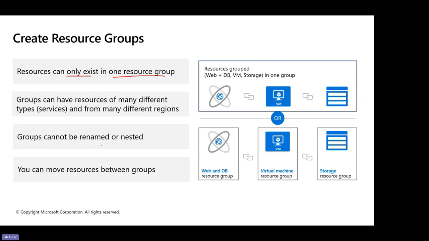resource groups cannot be renamed, and you can't have what we call nested groups. Nested groups are, let's say you have IT, you created a resource group for IT. You now want under IT, for instance, maybe IT has a development dev team, right?